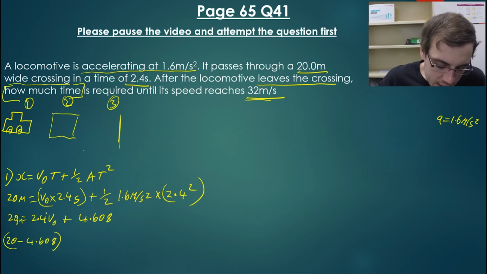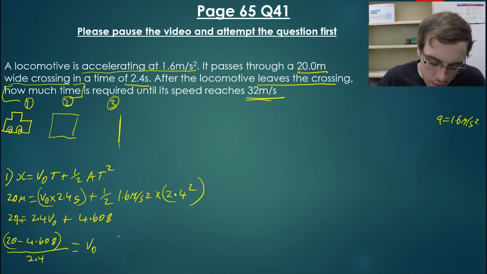The multiplication by 2.4 turns into a divide, so we divide by 2.4, which is equal to v0. So the initial velocity is equal to 6.4 meters per second.